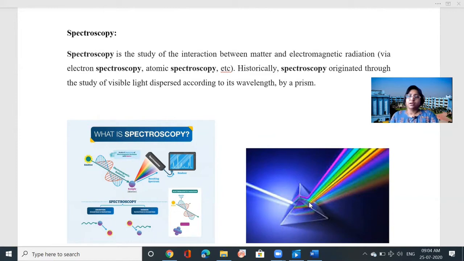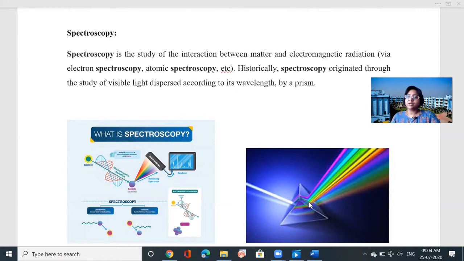Now, as an example, say you take a red flower. The white light comes, and in the white light there are 7 radiations. All the radiations have different frequency, different energy level, different wavelength.